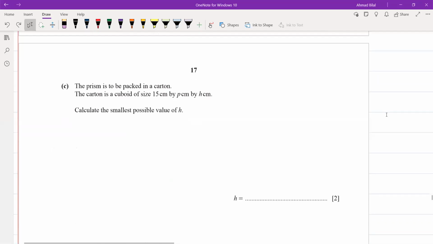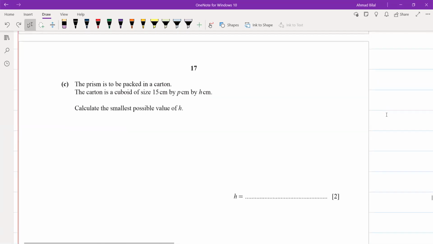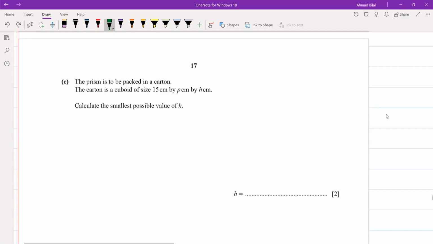The prism is to be packed in a carton. The carton is a cuboid of size 15 by p by h centimeters. अब देखें ये cuboid है, so it's going to look something like this. आप समझे कि इस तरह का cuboid है.